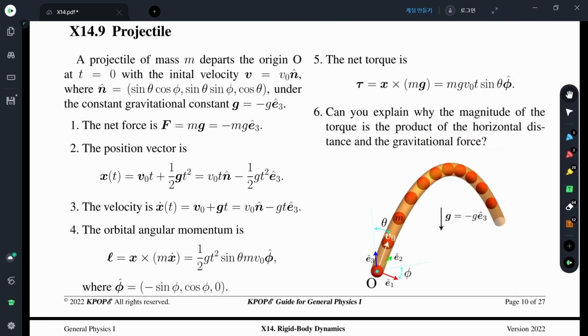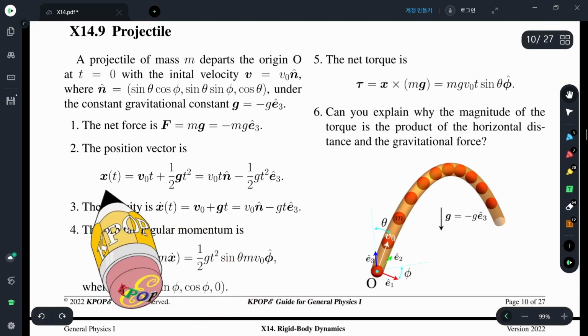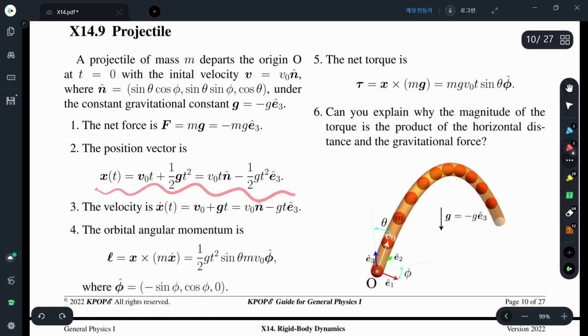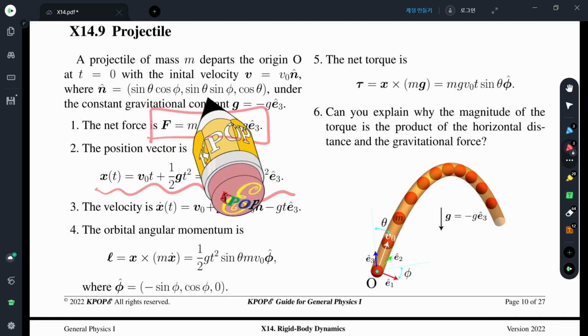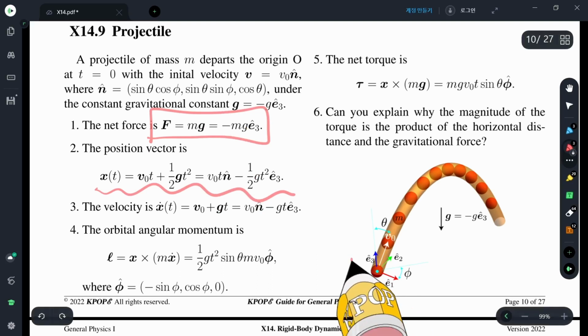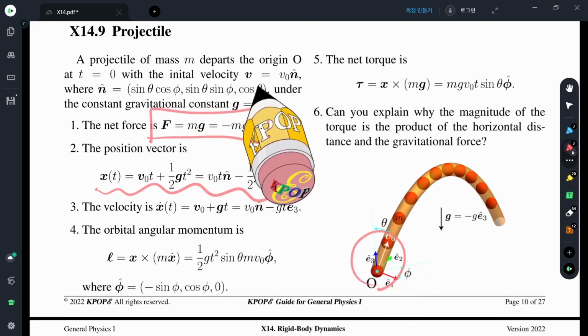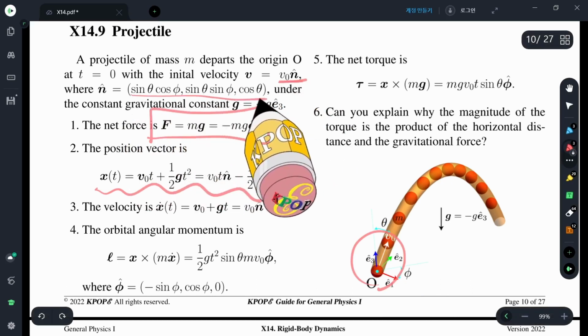Next, we consider projectile motion, and we know how to compute the projectile trajectory for a given constant force. The initial velocity of the projectile is given by v0, along an arbitrary direction.